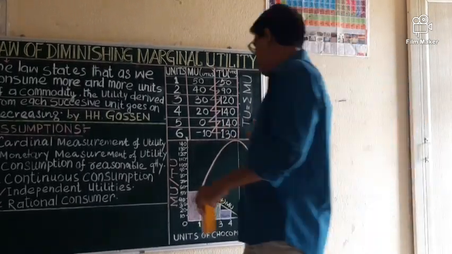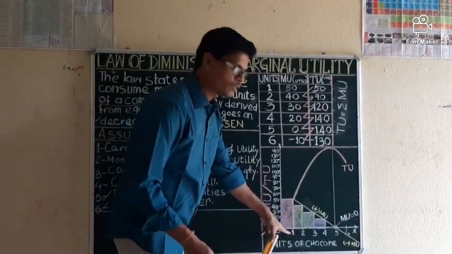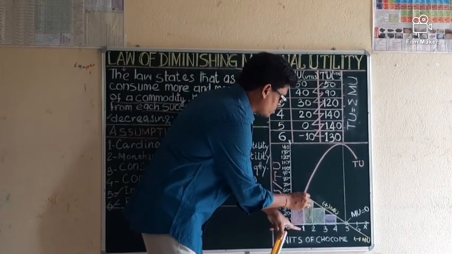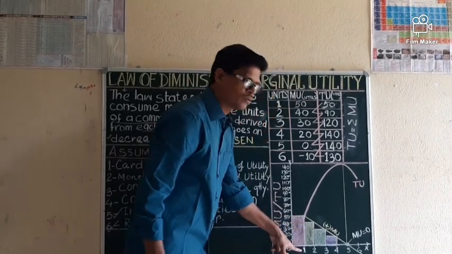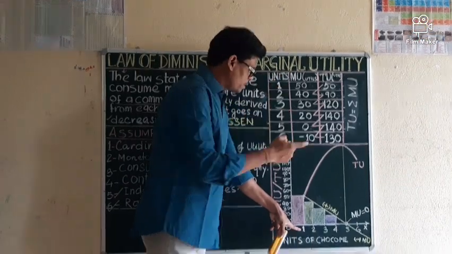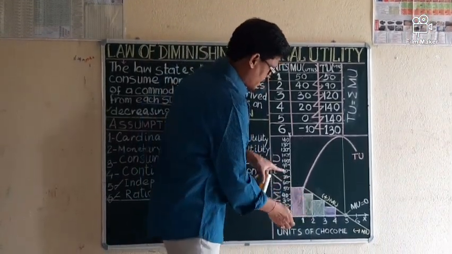So if we add, we have started with unit 1. So here our marginal utility is 50. So our total utility is also starting from here at 50, because we have started our schedule with unit 1. Now, with the second unit of consumption, 50 plus 40, 90.